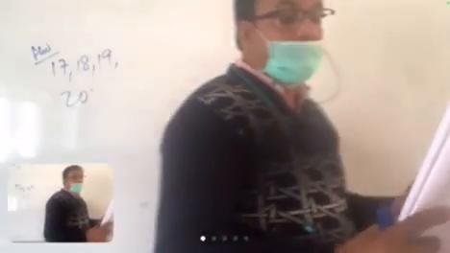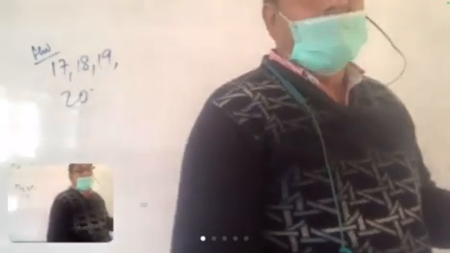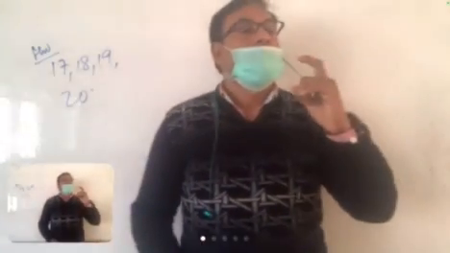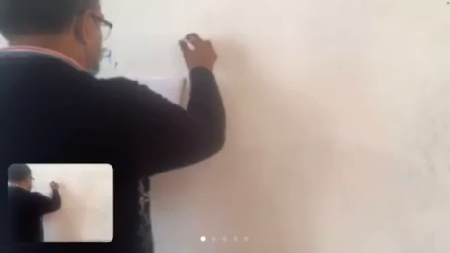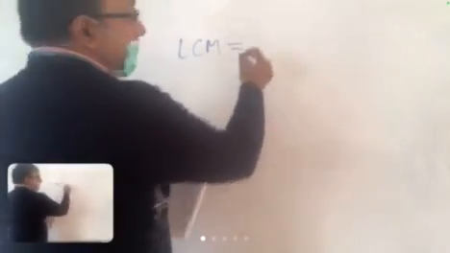So the 22nd question is, find the least number which when divided by 25, 40 and 60 leaves 9 as the remainder in each case. Means if we take out a least number, then if we divide with 25, the remainder is 9. If we divide with 40, the remainder is 9. If we divide with 60, the remainder is 9. In each case, the remainders are same. So for this type of question, you have to find again the least common multiple.